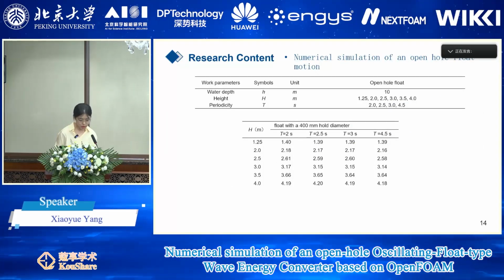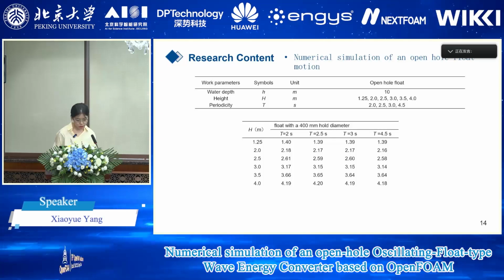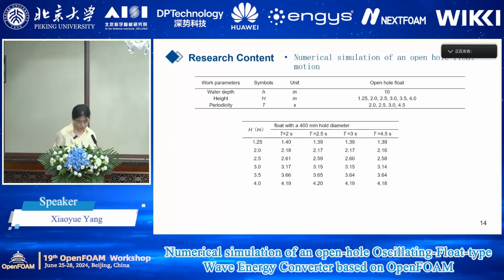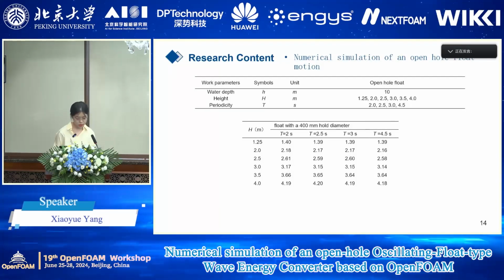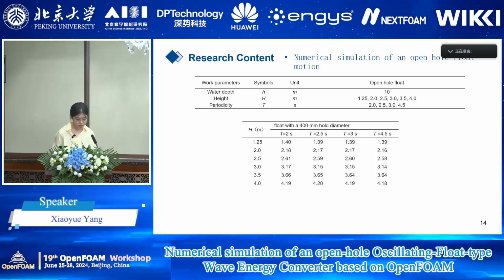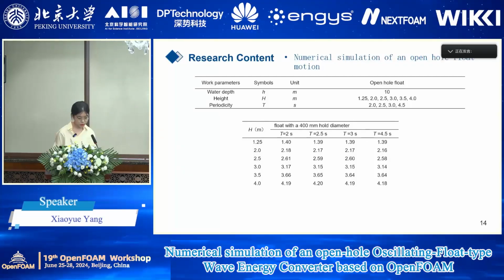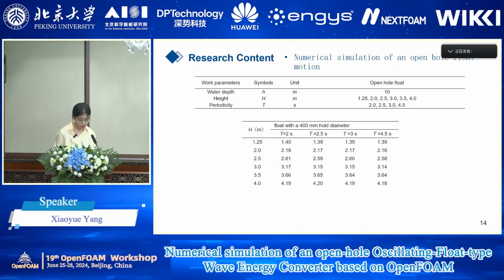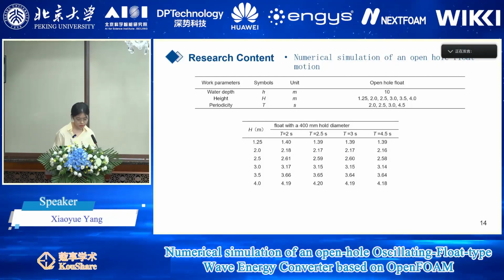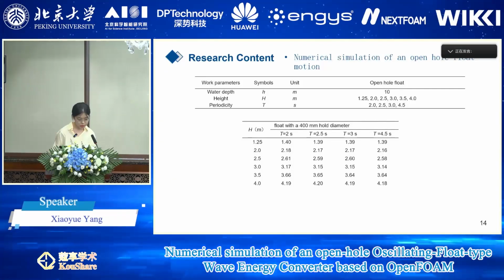When comparing the average heave amplitude of the float with 400 mm holes in different working conditions, we can see that the average heave amplitude of the floats was mainly affected by the wave height, whereas the influence of the wave period was relatively small.